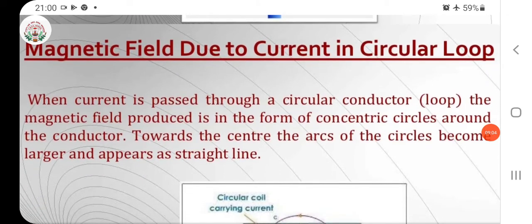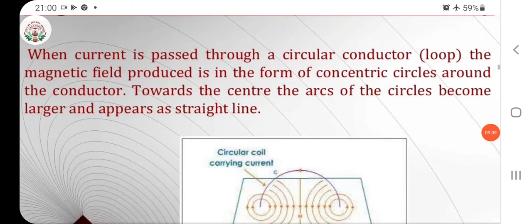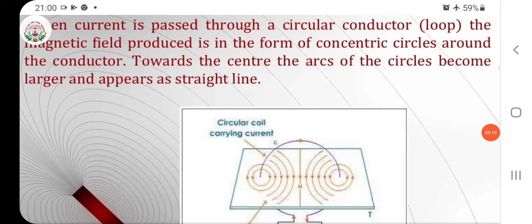Now, what about the magnetic field due to current in a circular loop? What is a circular loop? You can see the diagram here. When current is passed through a circular conductor or loop, the magnetic field produced is in the form of concentric circles around the conductor.